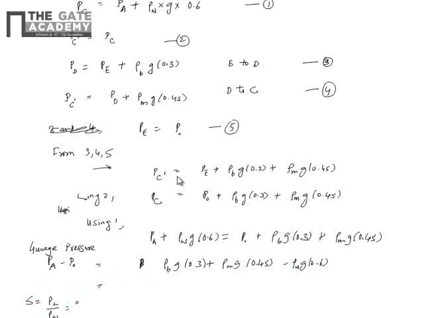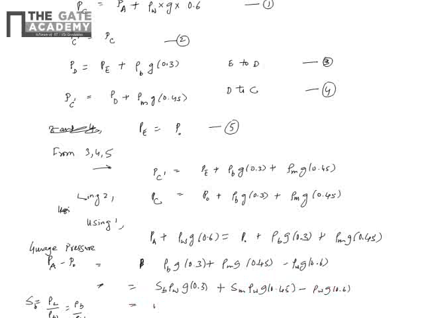So rho benzene by rho water is the specific gravity of benzene. So I can write it as specific gravity of benzene into density of water, so everything in terms of density of water, plus mercury. I can always write density of mercury similarly in terms of density of water into G into 0.45 minus density of water G 0.6.